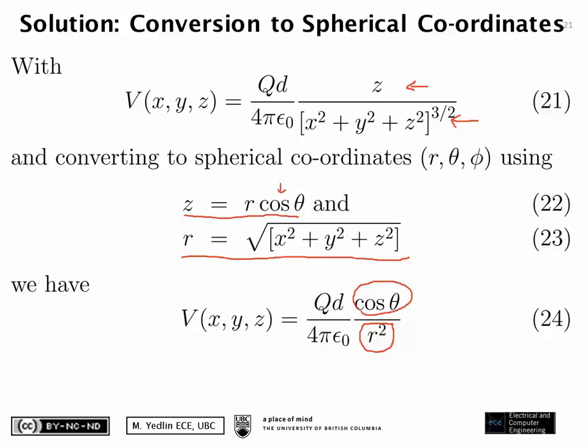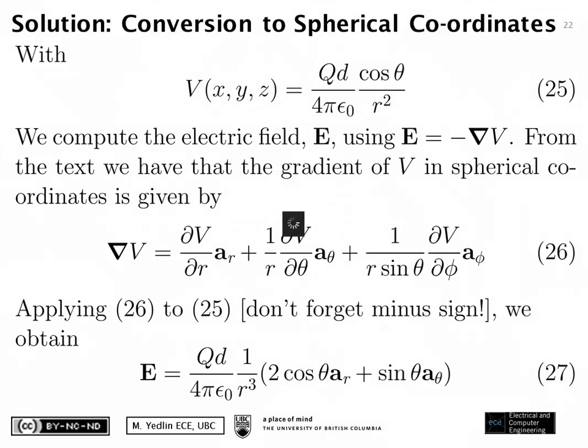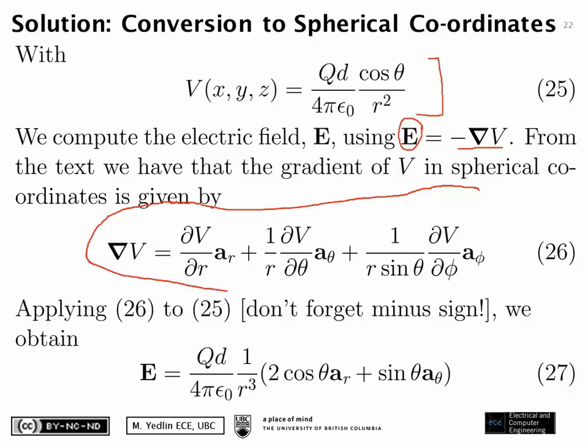Well, what would we like to do next? Let's see what the next slide holds for us. Well, here we have the dipole potential V. We can calculate the electric field. How do we do that? Take the negative gradient as we talked before. Now the gradient of V when we're looking at spherical coordinates is this messy thing here.